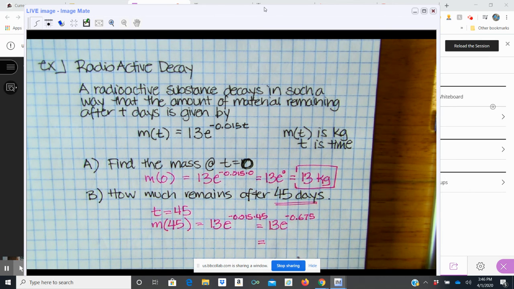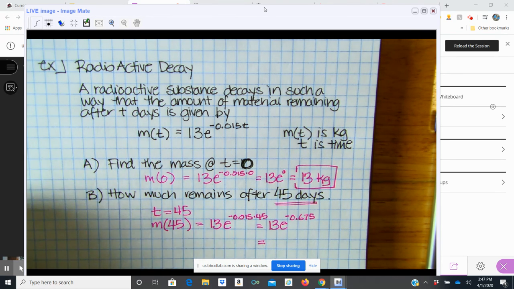Which when I plug into my calculator, I get 25.53. Did I do that right? 0.015 times 45, 0.675. Oh, I forgot the negative of that. 13e to the negative 0.675. There we go, 6.619.